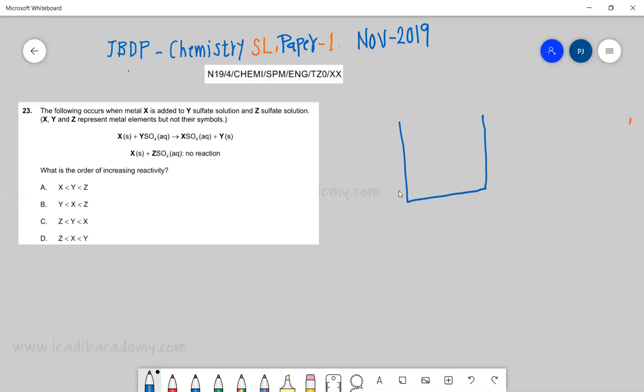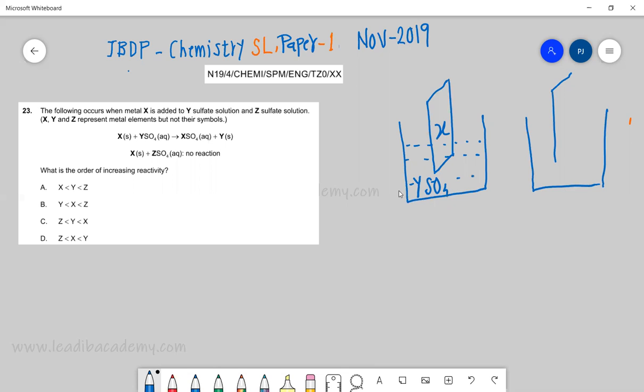Let's say there is a metal X which is getting added to Y sulfate. We do not know, it can be anything, but I'm just mentioning it like this, Y sulfate and Z sulfate.